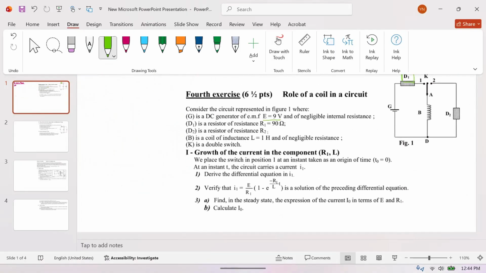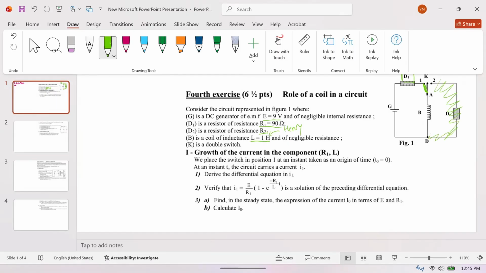We have D1 of resistance R1, and D2 of resistance R2, and a coil of inductance L equals 1 Henry, in case you don't know the unit. Now K is a double switch. We can put it on the left side or on the right. If we place the switch on the left side at position 1, we're just working on the left side of the circuit, so we leave D2 behind.